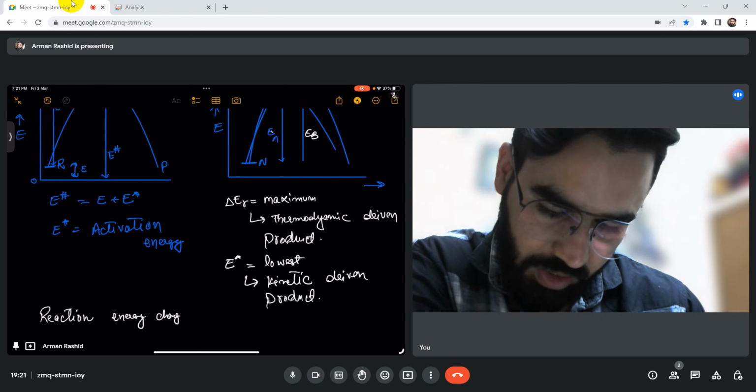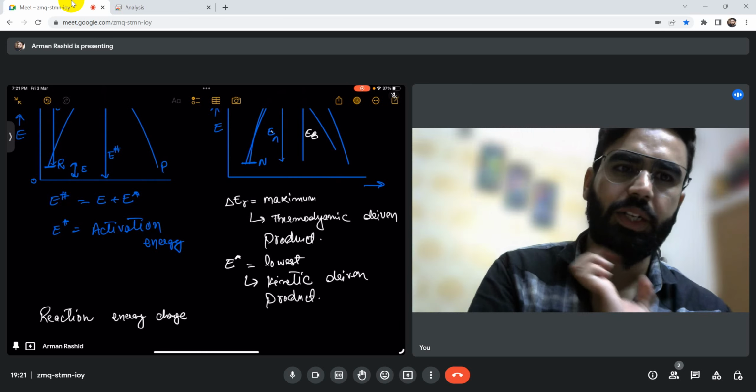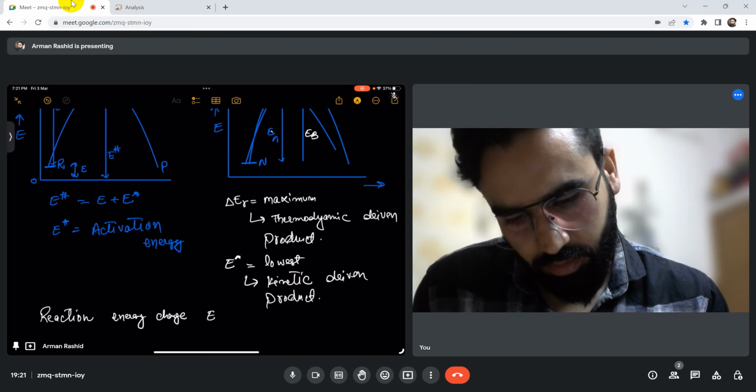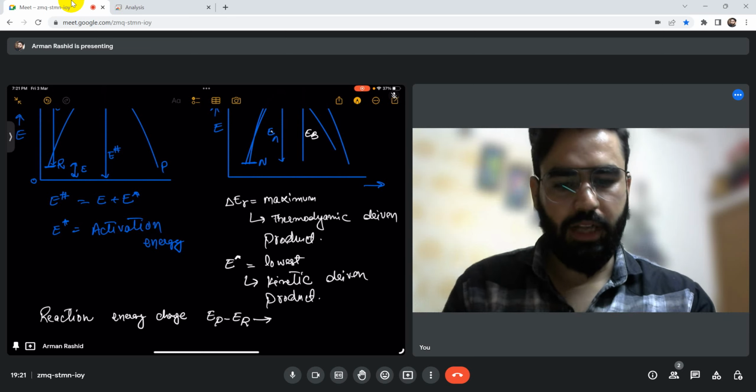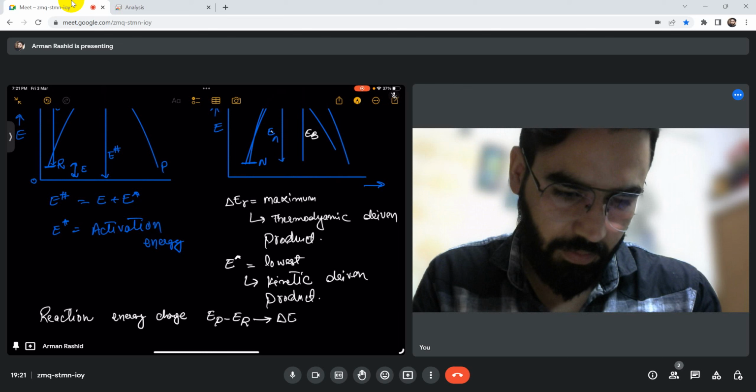So if we say the total reaction energy change, that means the 0 point energy of products minus the 0 point energy of reactants. Okay, that means delta E of a reaction.